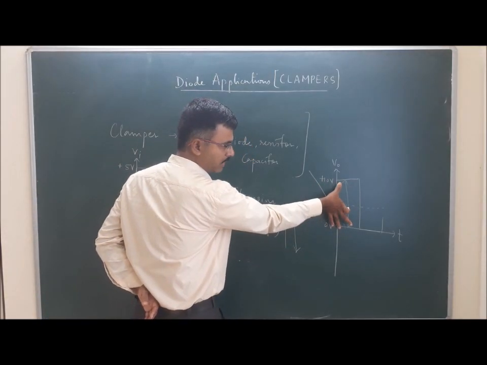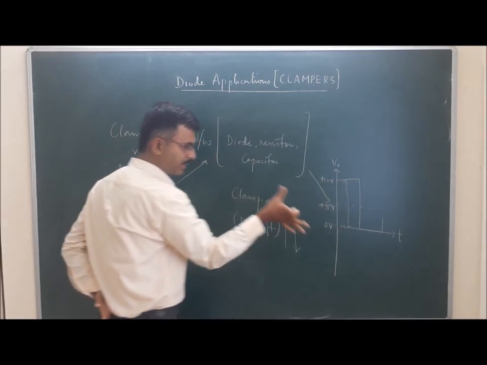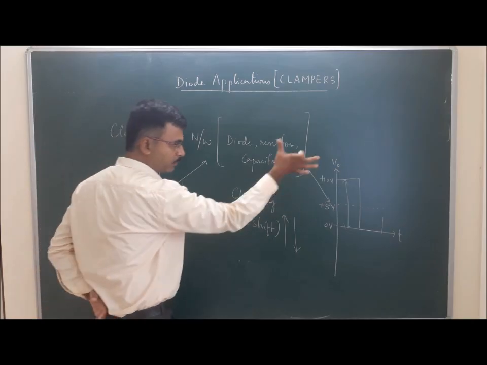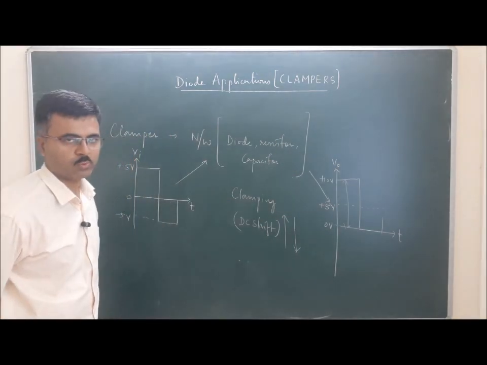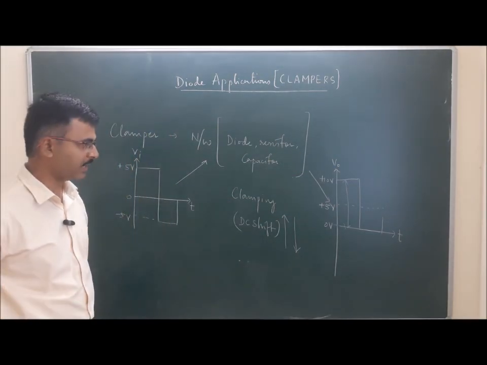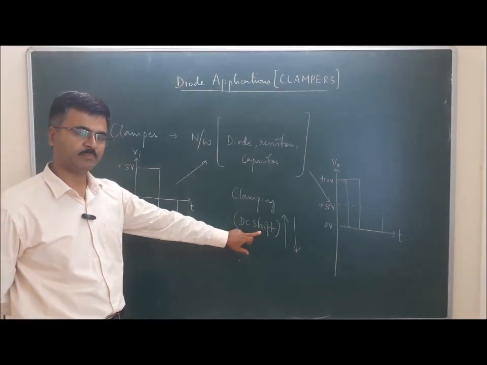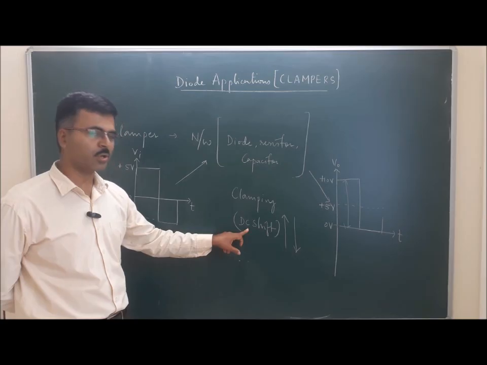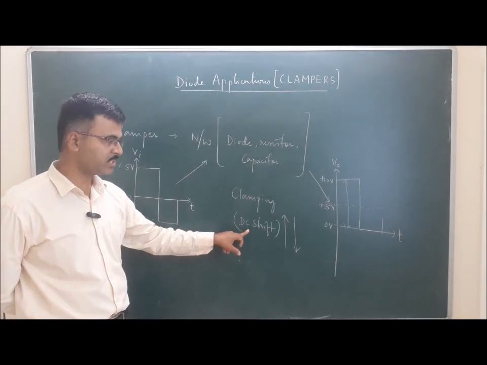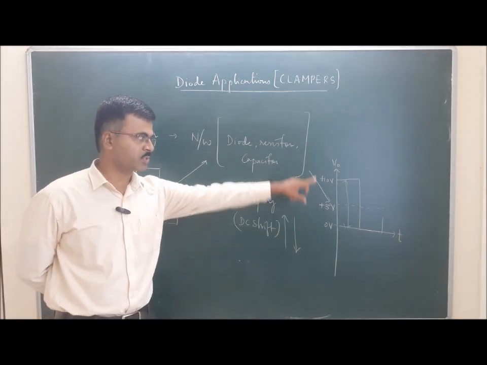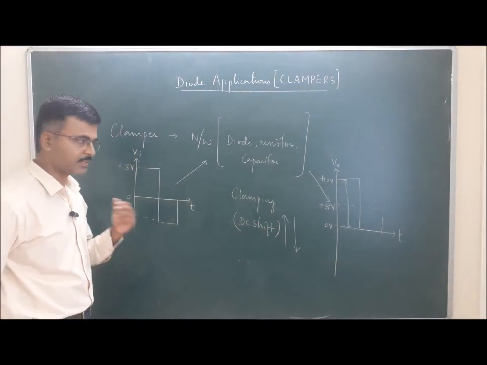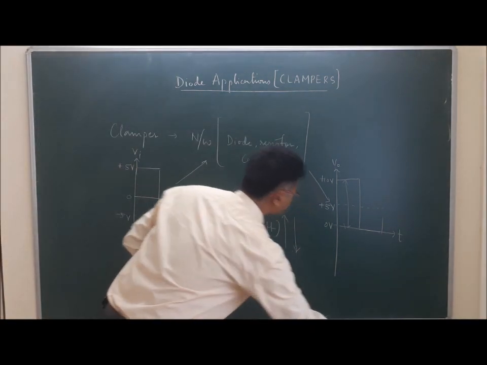Overall the magnitude is 10 volts at the input, and at the output side also the magnitude is 10 volts. The only thing is that there is a DC shift. Now we'll have to understand how this DC shift occurs. The DC shift can happen in a positive direction or in a negative direction. Now how does it occur? Let us try to understand.